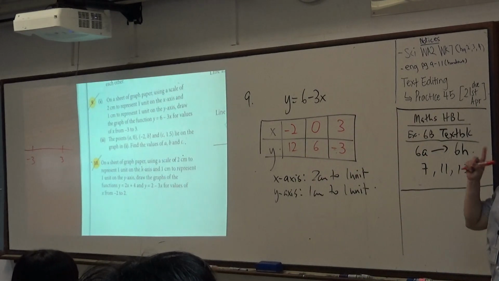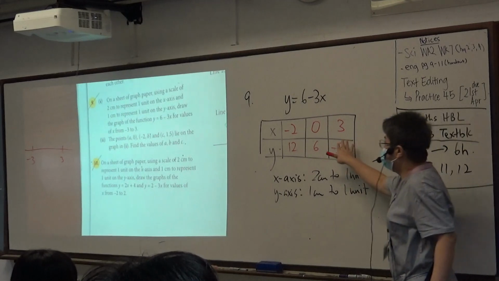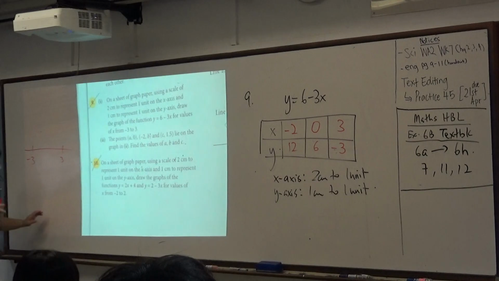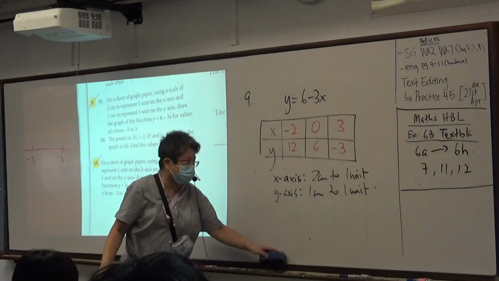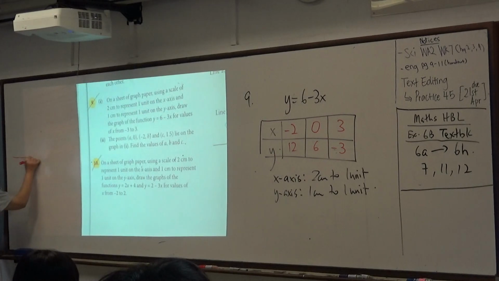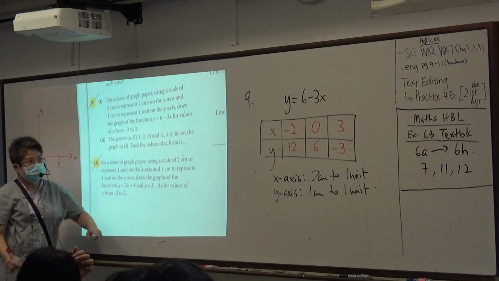Now, I want you to take a look. I just roughly sketch for you first. I'm going to use this scale. Can you see that this is y, this is x, right? This one must be from -3 to 3. Now, look at the y values.